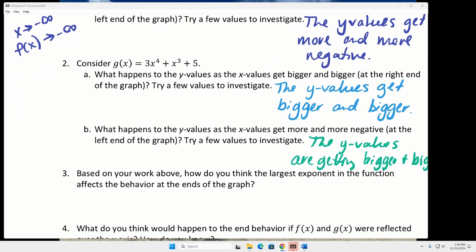All right, so for our notation, for A, the x is getting bigger and bigger, so approaching infinity, and so is the y. And then for B, the x is getting smaller and smaller, however, the y is getting bigger and bigger, so approaching positive infinity.